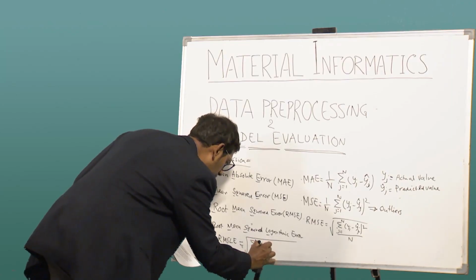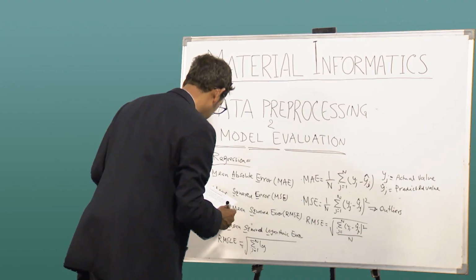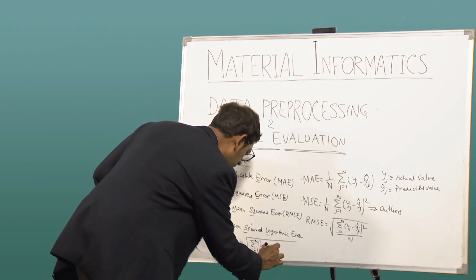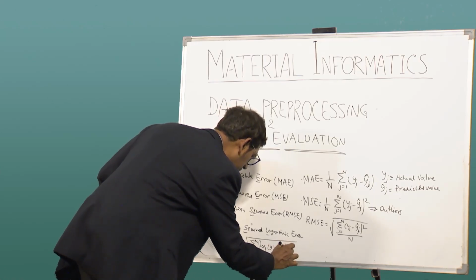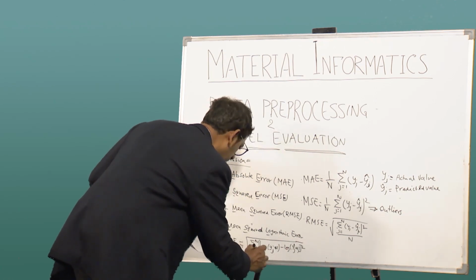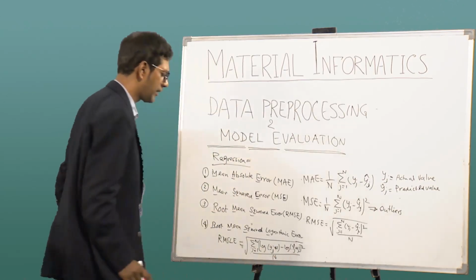First you take a log of yj plus 1, minus log of yj hat plus 1, square of that, divided by n. I hope you can see that.